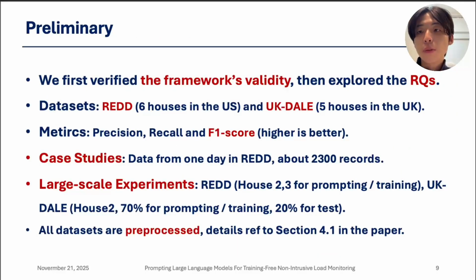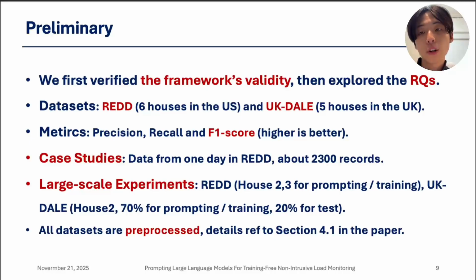So before we jump into answering the research questions, we first need to check whether this framework even works. Yeah. So we start with preliminary experiments. We use REDD and UK-DALE as the two standard famous public NILM datasets.